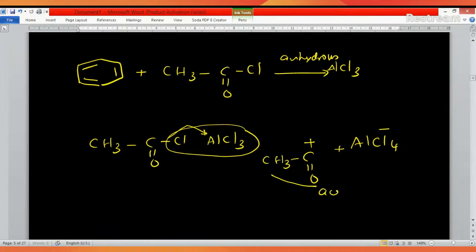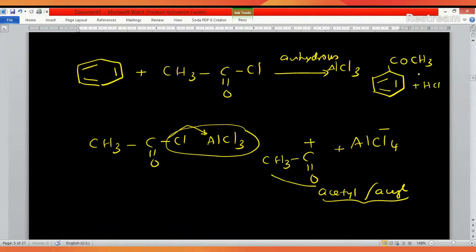This is nothing but the acetyl group, also called acyl, and the introduction of this is called an acylation reaction. On the introduction of this group in the benzene, the expected product will have COCH3. First gets CO. It's a ketone. One is methyl, the other one is phenyl.